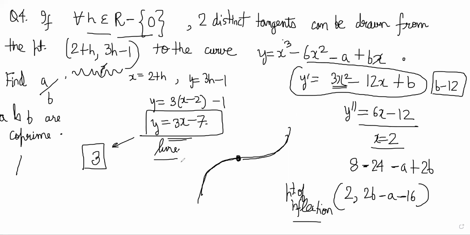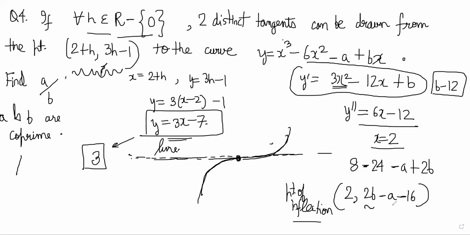So I have a feeling this line and the curve are like this, because (2, minus 1) lies on this. (2, minus 1) will become the inflection point of this.